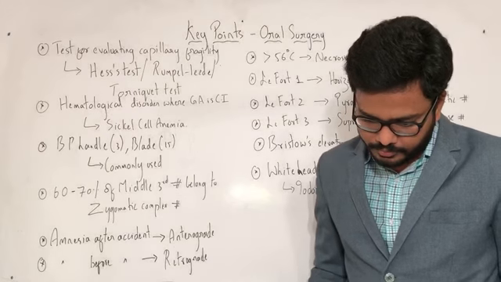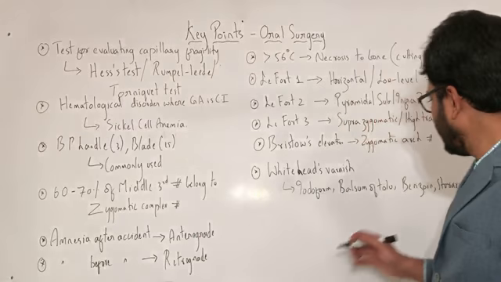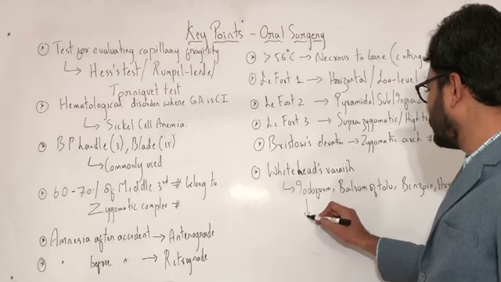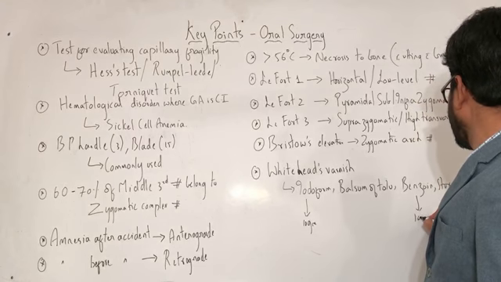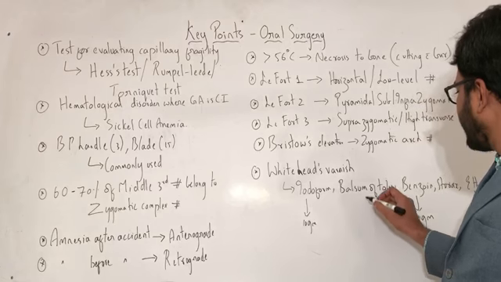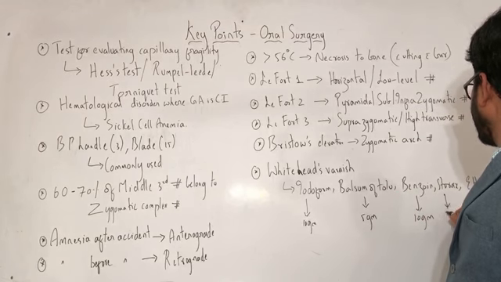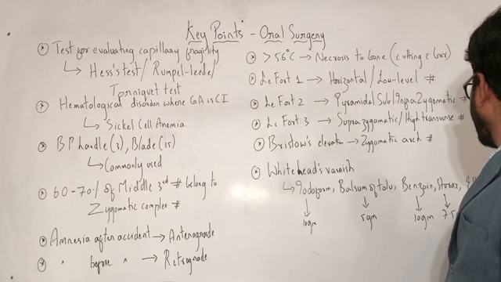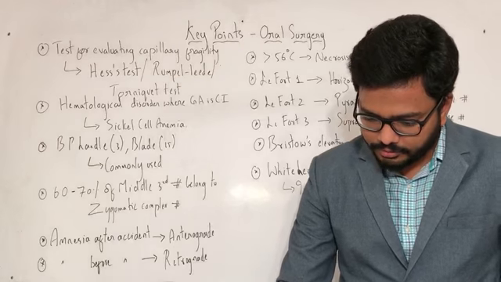Right? So iodoform and benzoin, 10 grams. Balsam of Toulouse is 5 grams. And storax 7.5 grams.